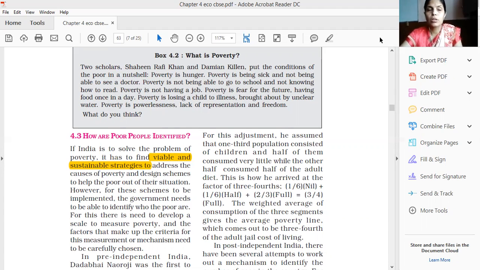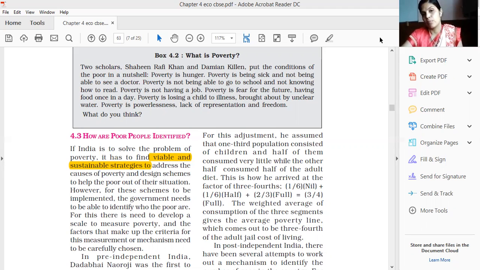They cannot eat food, they cannot get treatment from the doctor, and they have not a proper house, so they are living on the footpath. These are very poor people. In one word, I will say, yes, these all are poor.